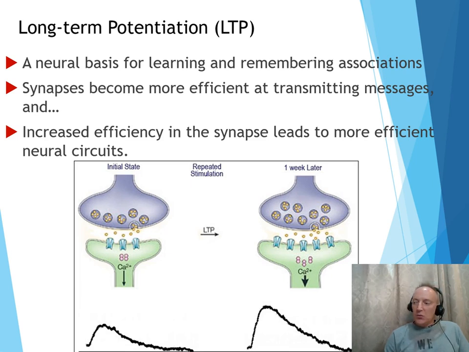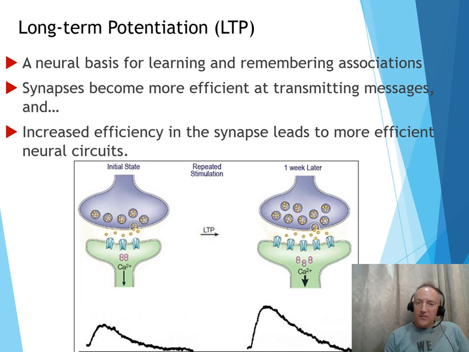So when you learn something, you are activating genes which form proteins to grow new synaptic connections, to grow more dendrite branches, to grow more receptor sites at the level of the synapse, so that it is easier for those pathways of neurons to communicate with each other.